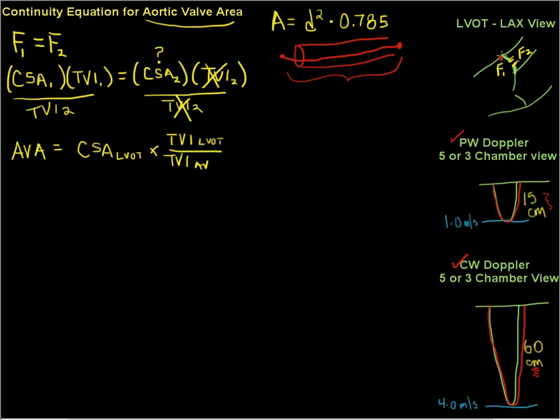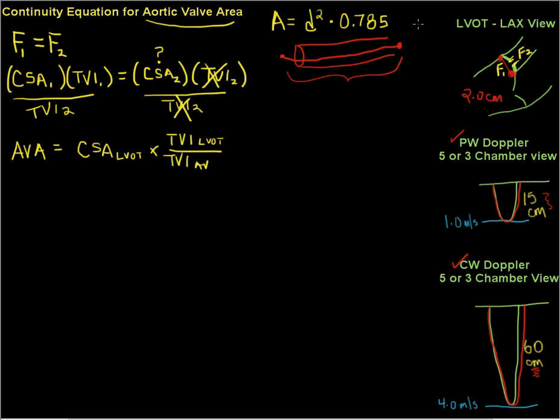We set a caliper there and a caliper here, and we get the diameter of the left ventricular outflow tract. Let's say that in this particular case that diameter is 2 centimeters. So we've got our diameter to calculate our area with, and we have our time velocity integral both of the LVOT and through the aortic valve.